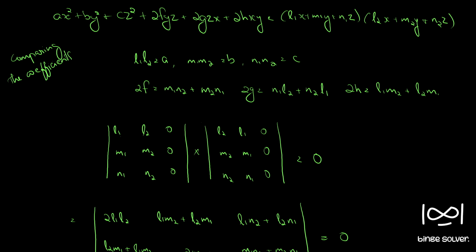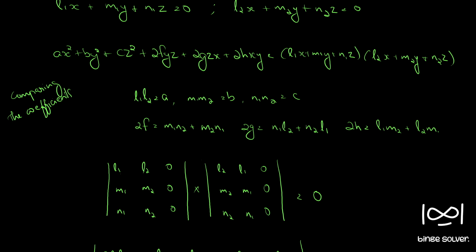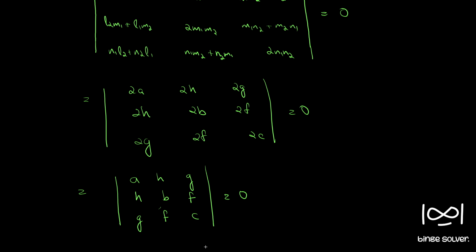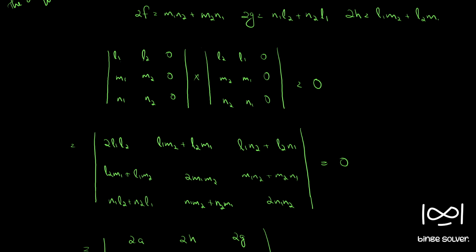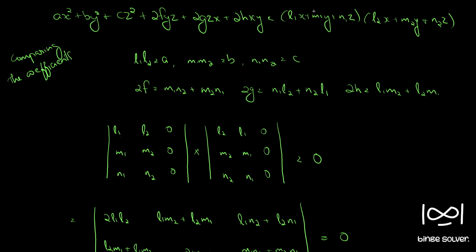If this homogeneous equation is a product of these two planes, then we check this determinant, and if we find it to be 0, we can say that it represents the product of two planes, and the direction ratios of normals of the planes will satisfy all these equations.